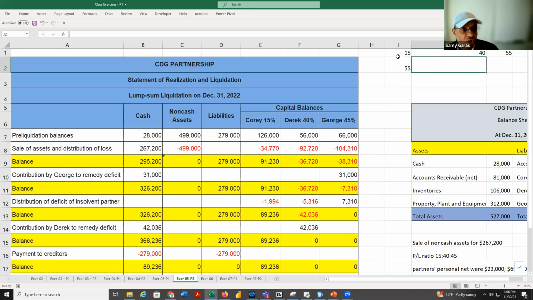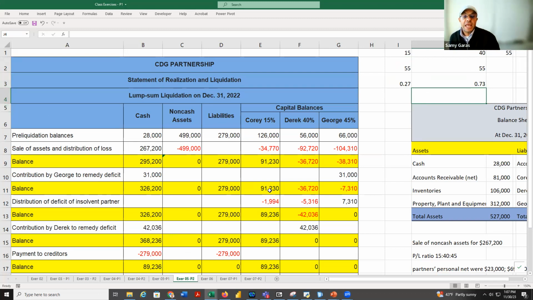Then 15 over 55 and 40 over 55. Here we get 27% if you divide it, and here you get 73%, which means I take the 7,310 divided between Corey and Derek by this percentage, 27% and 73%.